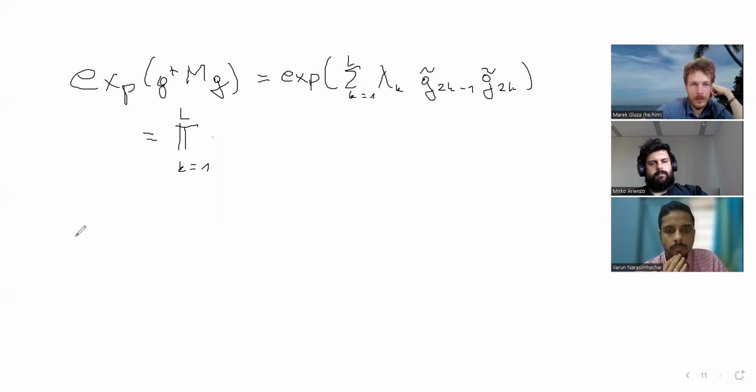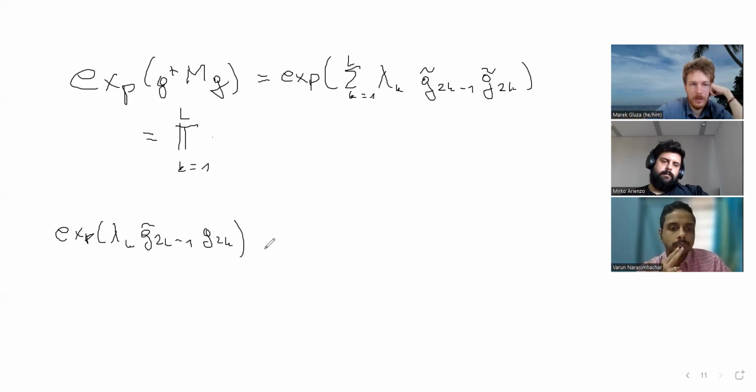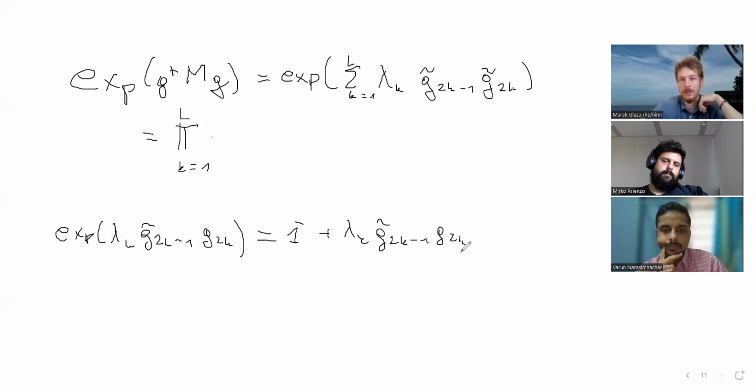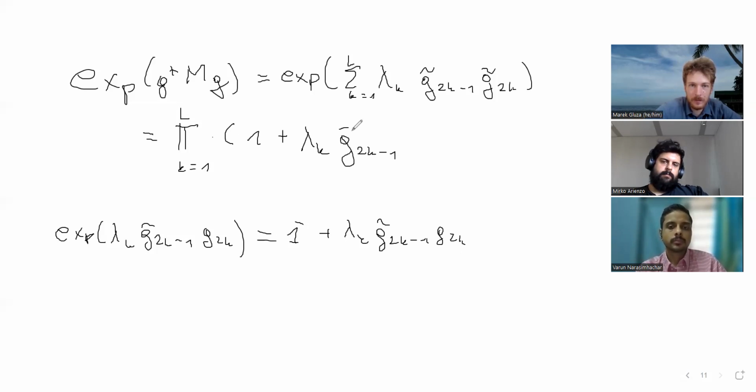And we can check that exp of lambda k g2k minus 1 g2k is actually the identity plus lambda k g2k minus 1 g2k and nothing else. So this integral becomes much simpler.